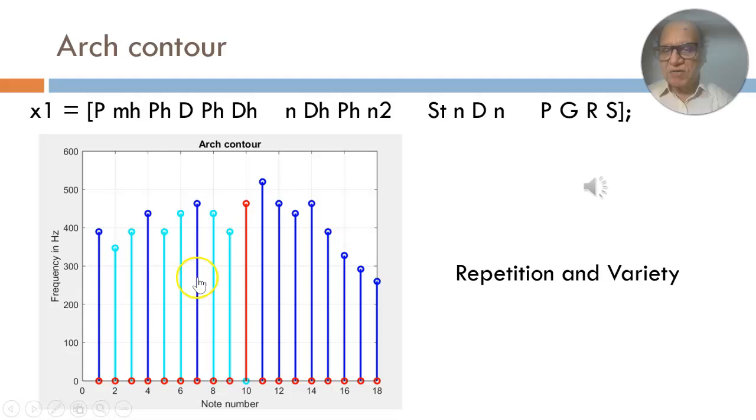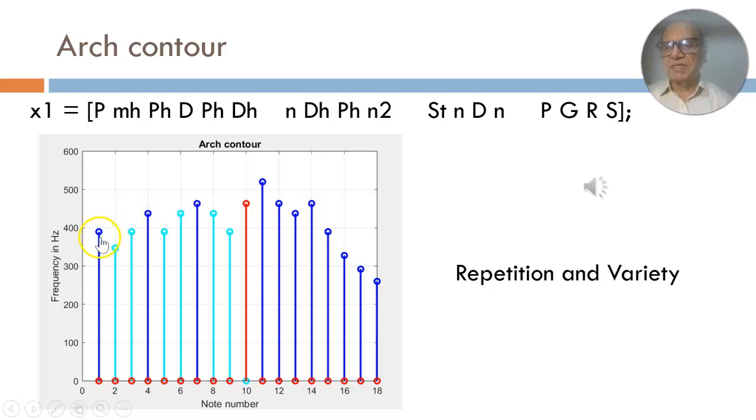Now this is repeated to some extent. In the second measure, 1 followed by 2, but there is some variation now. The last note here is of double duration. And in the third measure, there is a slight variety in the sense that you have 4 notes of 1 matra each, and the fourth is also similar. So you can see some kind of repetition and a kind of variety.